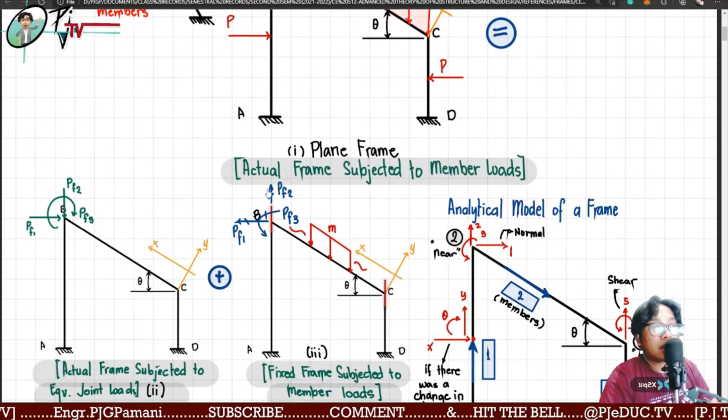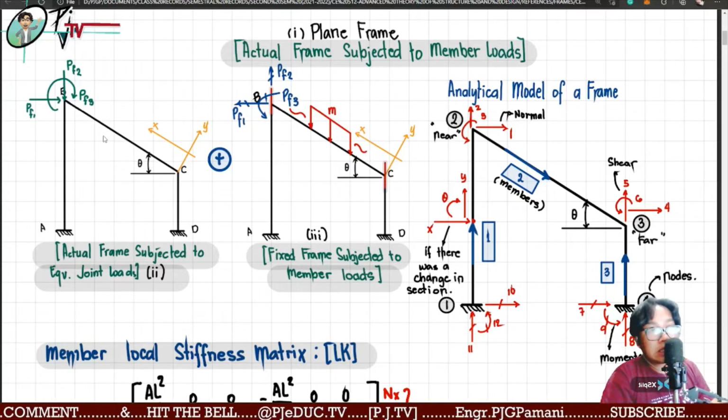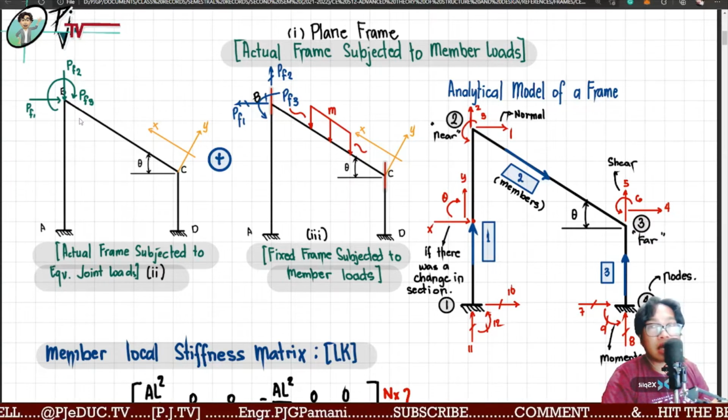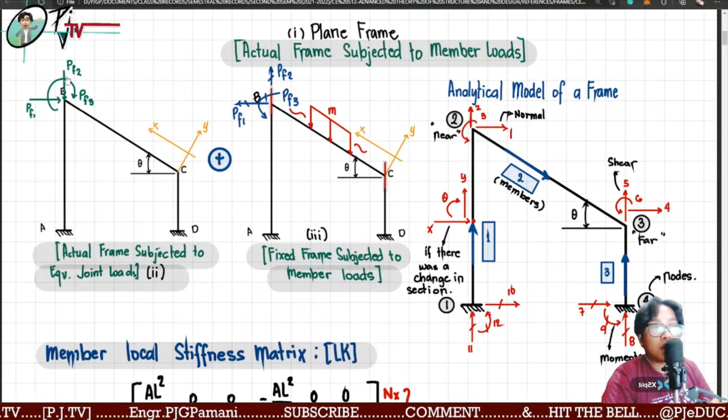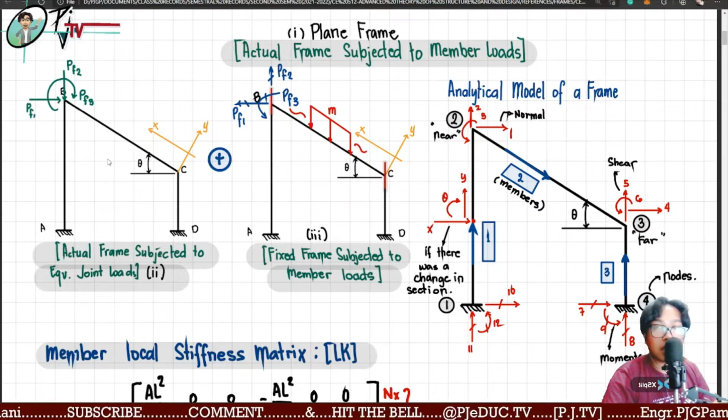Now, check whether your frame is subjected to a joint load. A particular frame on each given joint should have three equivalent forces: the shear forces, the normal forces, and the bending moments.